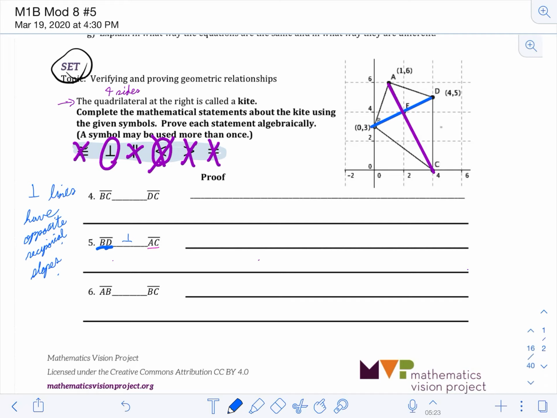What this means is that if we have slopes that are opposite reciprocals, we're going to have perpendicular lines. Well, let's go ahead and see if their slopes are opposite reciprocals.